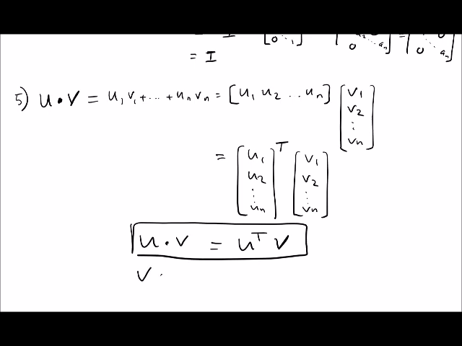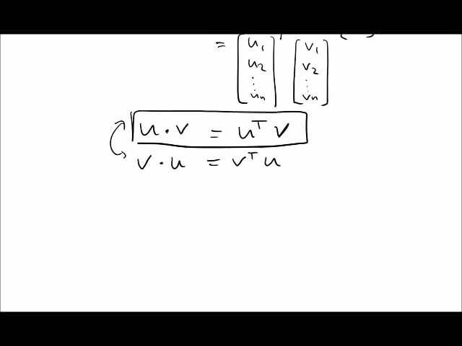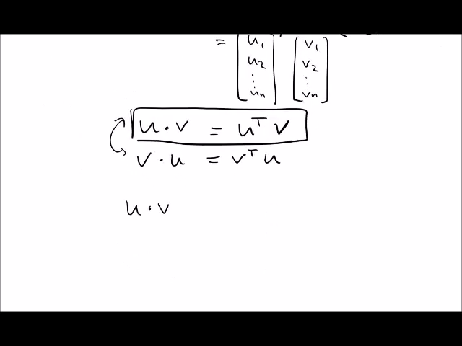And if you remember, the dot product commutes, so that's the same thing also as V transpose U. So overall, you have U dot V, that's U transpose V, or V transpose U. It's the exact same thing.